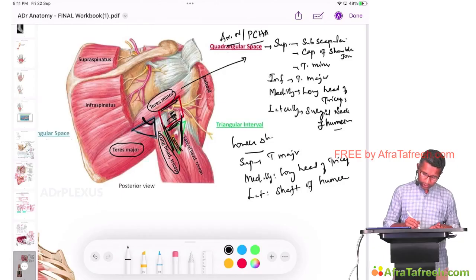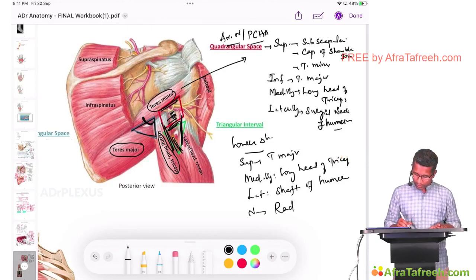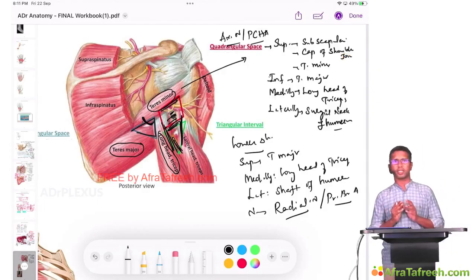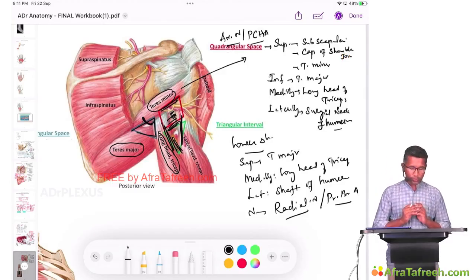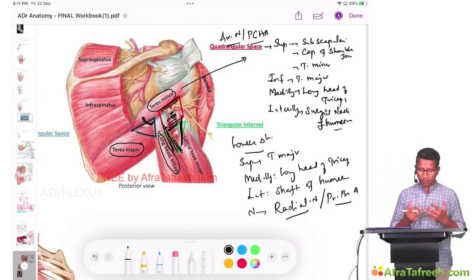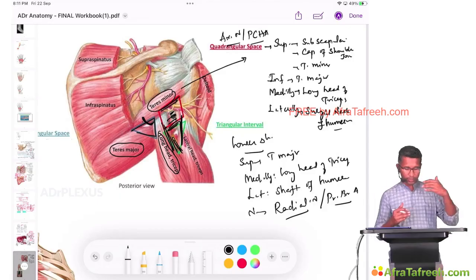The important nerve that runs in the lower triangular space is the radial nerve, along with the profunda brachii artery. So this we have discussed, guys, no need to recap here, we have discussed several times in the previous session.